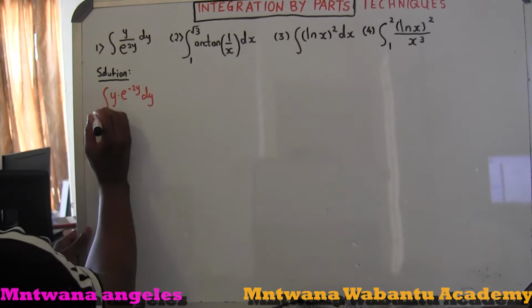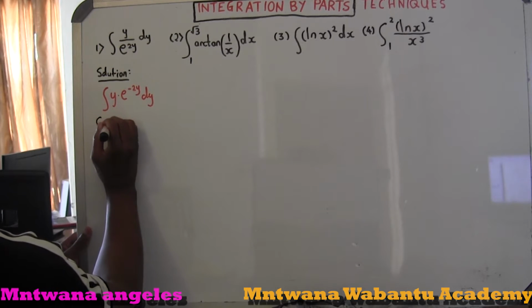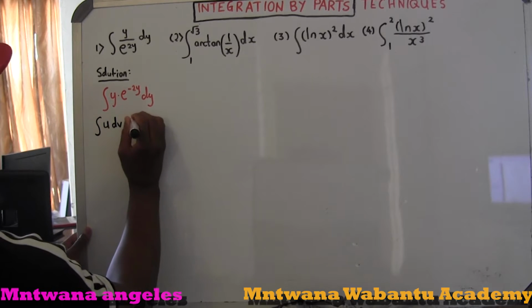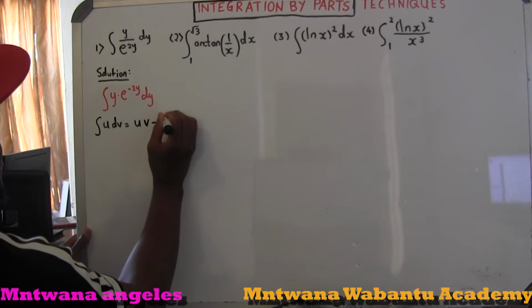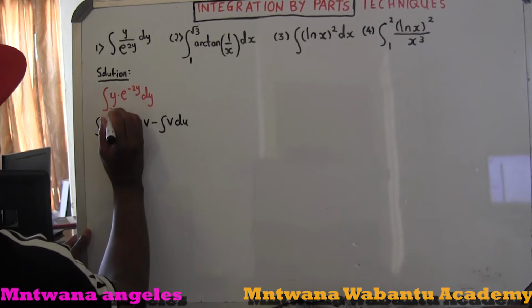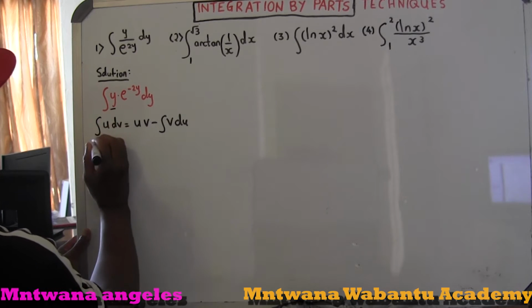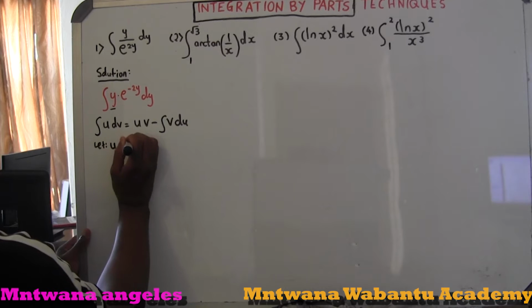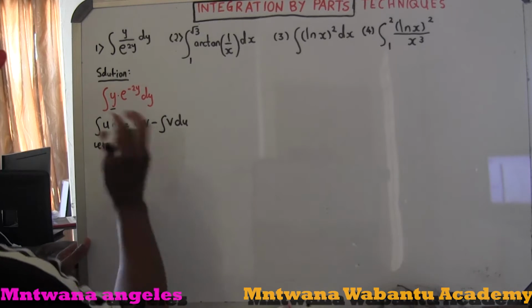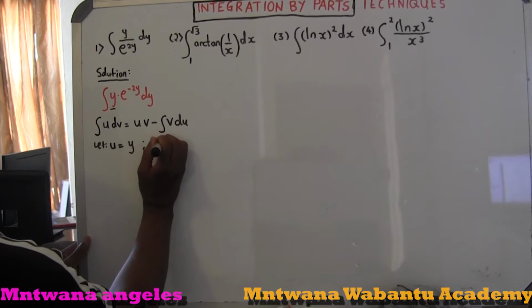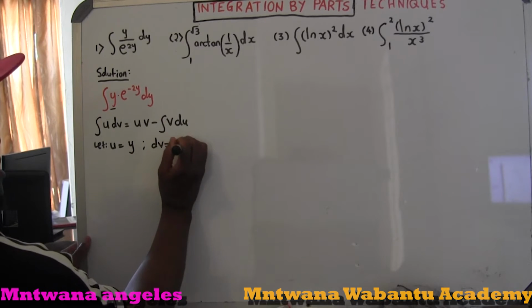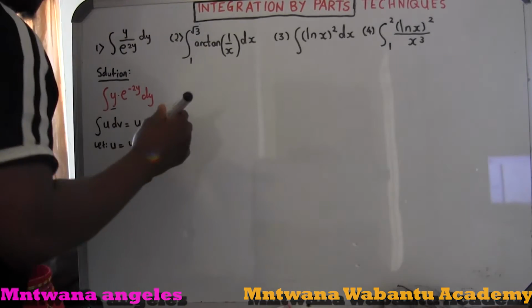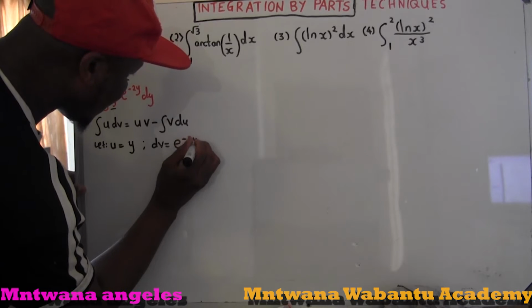So I'm going to write my formula first: the integral of u dv equals uv minus the integral of v du. Let u equal y, and dv equal e^(-2y) dy.